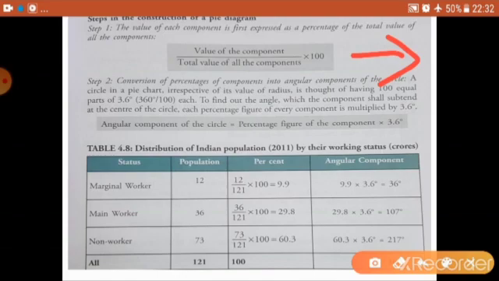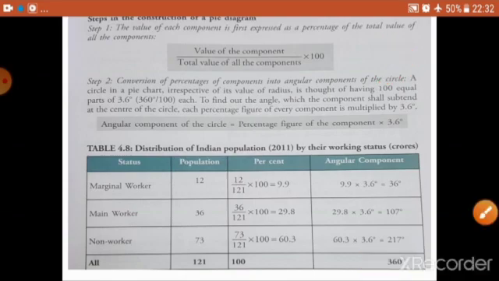So for constructing a pie diagram, first we have to convert each component into a percentage. So we are multiplying the value of the component by 100. That is, value of the component divided by the total value of components into 100. Clear? That is the first step.